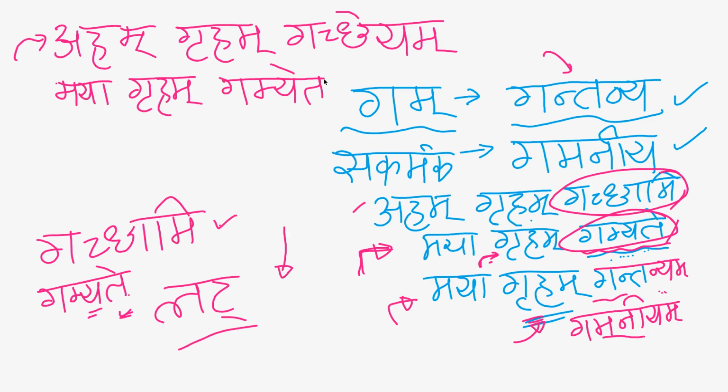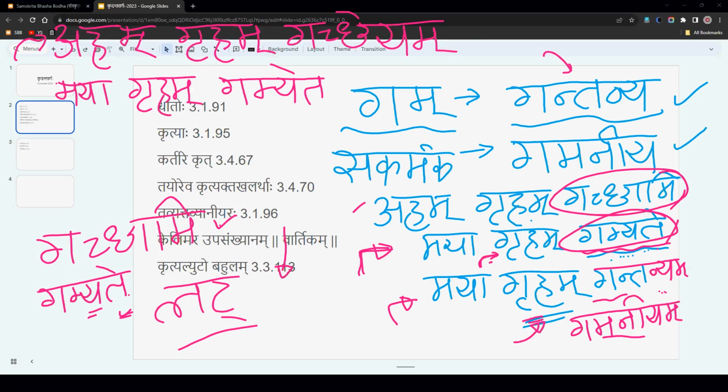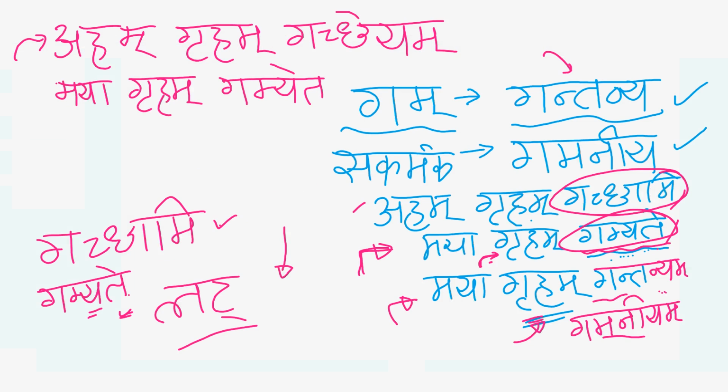Maya graham gamyeta means the house should be reached by me. This sense can be conveyed by maya graham gantavyam, or maya graham gamaniyam.